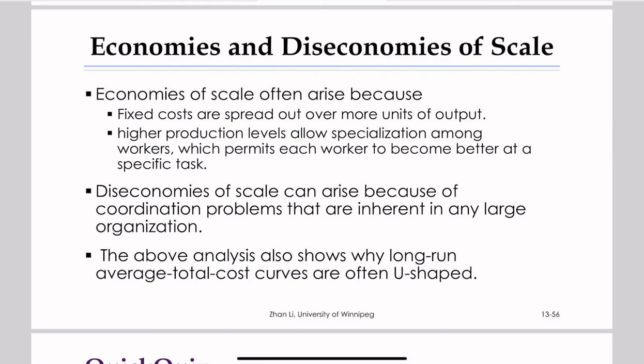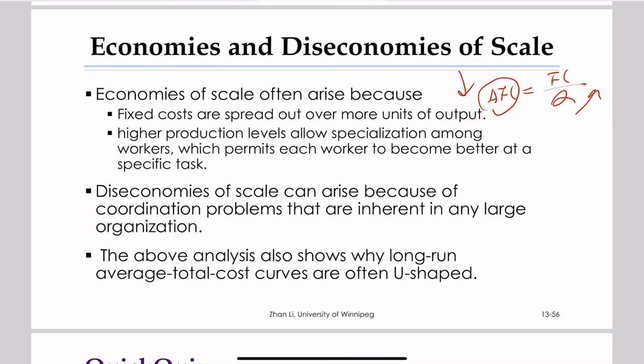That is, by the definition of average fixed cost, right? Basically, if quantity increases, then average fixed cost decreases. So you can see that the decrease in average fixed cost will benefit this firm. So this firm can have a lower average total cost in the beginning due to the decrease in the average fixed cost. And then there is this other economic reason.